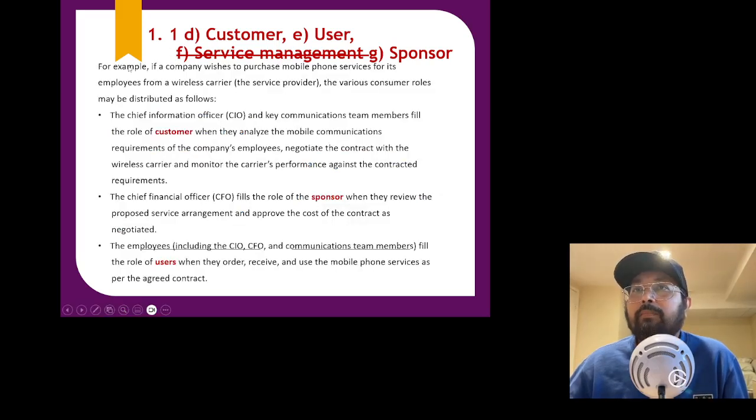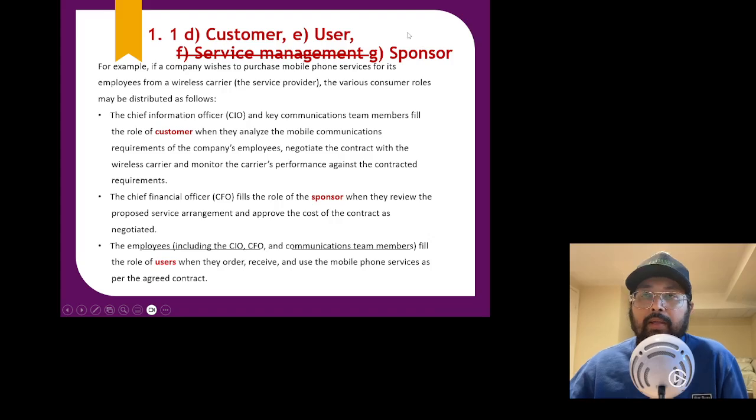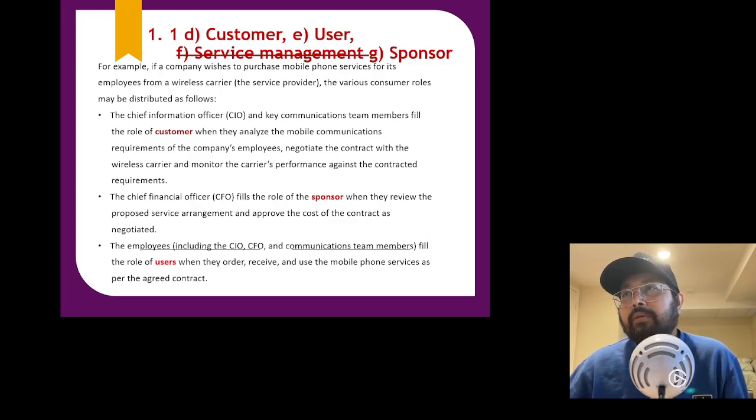Now come to the point, we want to give another example from the Axelos book, the official books for ITIL preparation. For example, if a company wishes to purchase mobile phone services for its employees from a wireless carrier, the service provider, the various consumer roles may be distributed as follows.